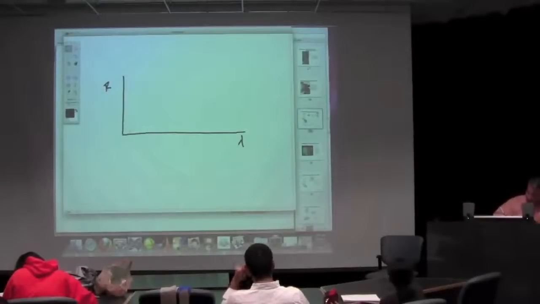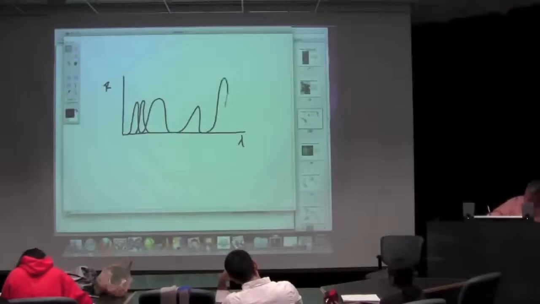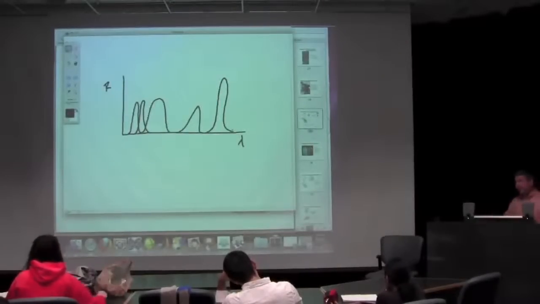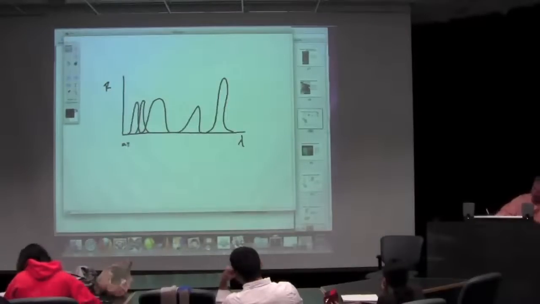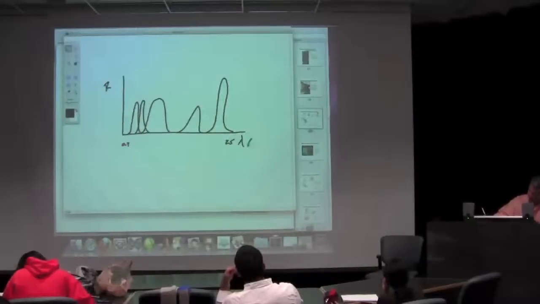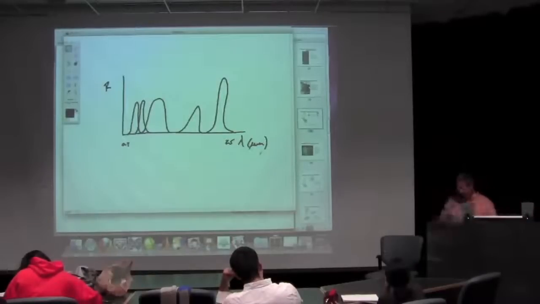a multispectral system might have spectral response functions that might look something like this. They may spread from the visible out to the shortwave infrared portion of the spectrum, if we measure that in microns.